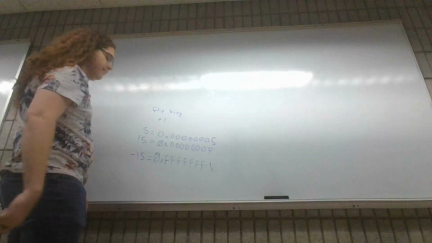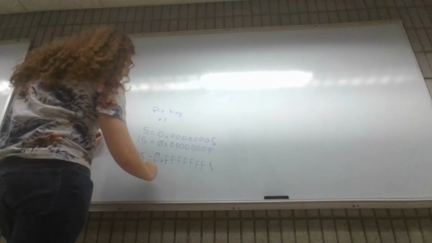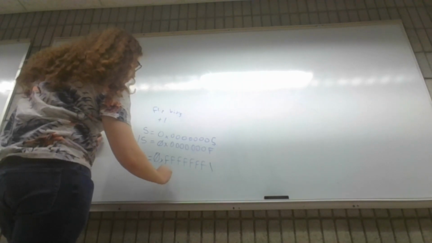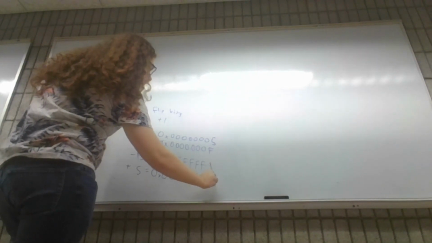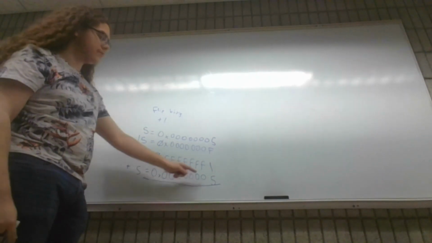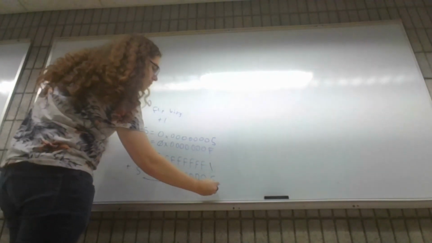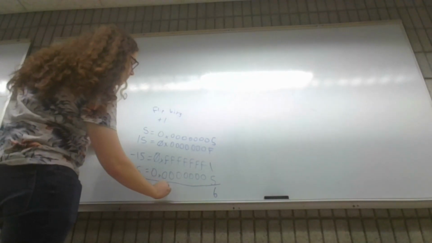So now we add those two numbers together. You take those values and add them column-wise. So 1 and 5 make your 6, and then you just bring all your F's down. And so that's how you get all F's and then a 6 at the end.